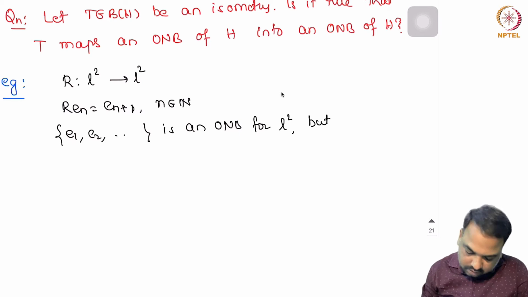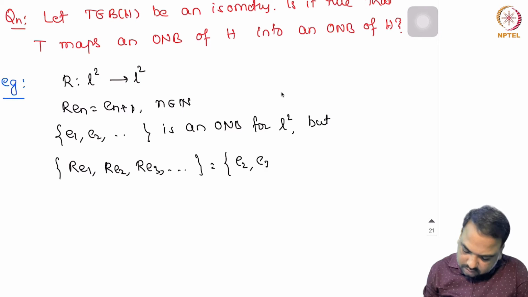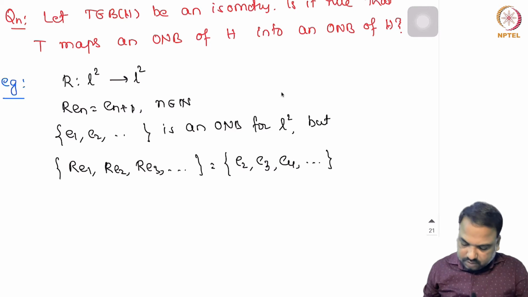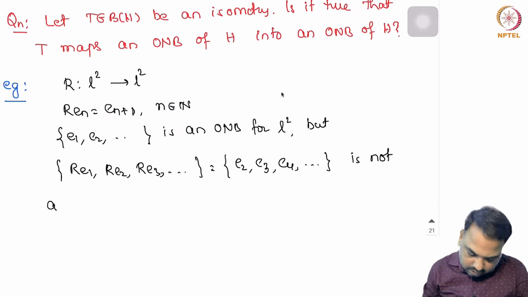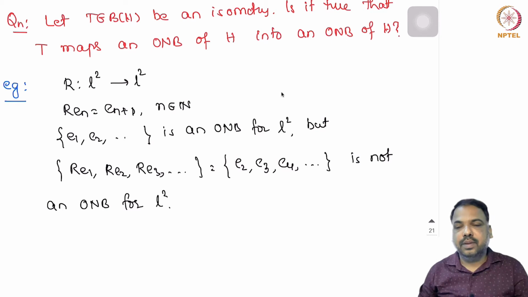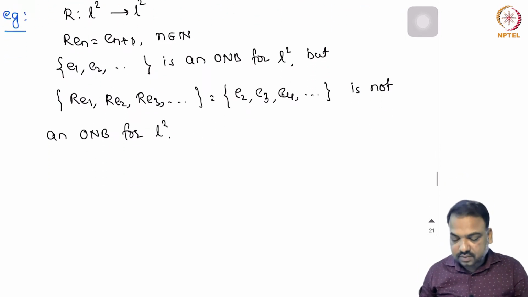But if you look at Re1, Re2, Re3, and so on, this is nothing but e2, e3, e4, and so on. This is not an orthonormal basis for l2 because the first vector is missing.